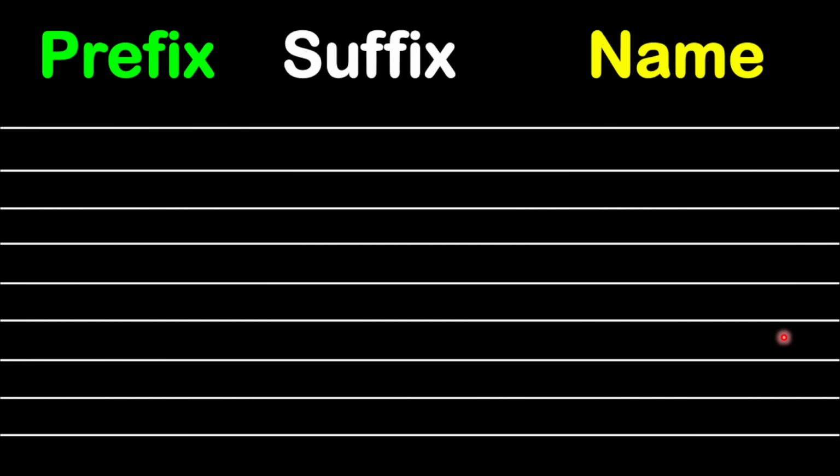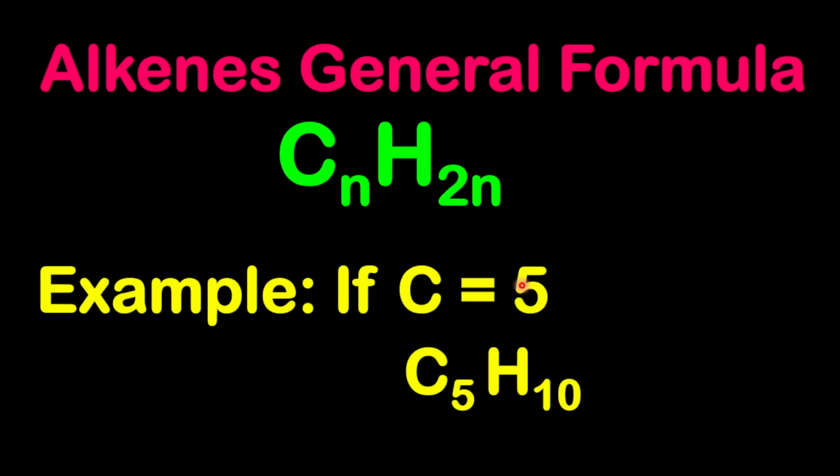Alkane is ane. The naming now goes: ethene, propene, butene, and so on, to decene. Those are the first 10. Once you know the first 10, you're straight. Now, just a reminder of the general formula and a quick example. If you have 5 carbons, if C is 5, then you have 2 times 5, which is 10.